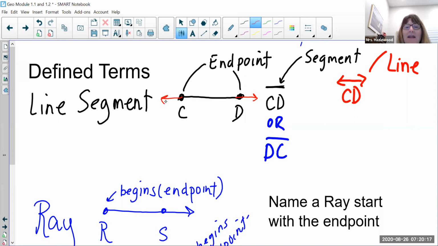I put the notation for a line up here. So now this is a line. I'm talking about line CD, the line that goes on and on and never ends. The segment, I'm just talking about part of it. So it's a line segment, it's part of the line.